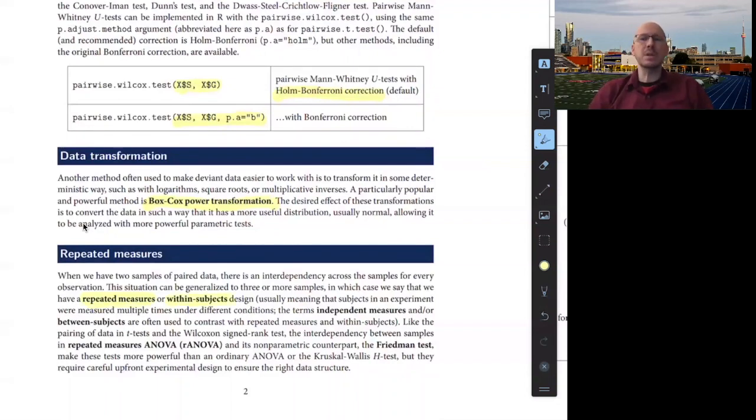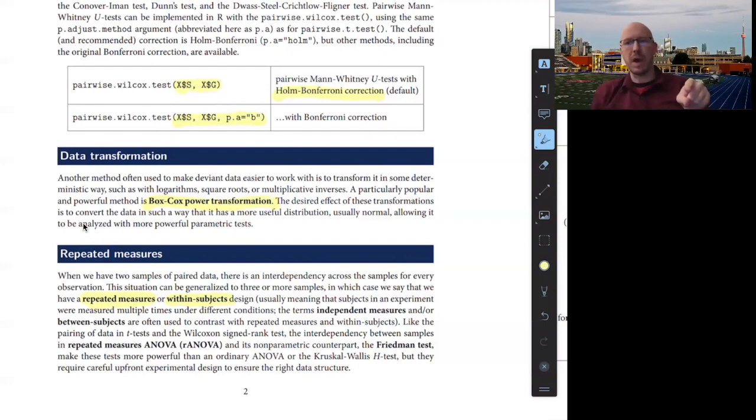And all this means is that each subject, each entity that you're measuring gets measured multiple times under different conditions. So you might measure a patient before treatment, 1 week after treatment, 2 weeks after treatment, and 3 weeks after treatment. And you're measuring the same patients every time. This would be repeated measures or within subjects.